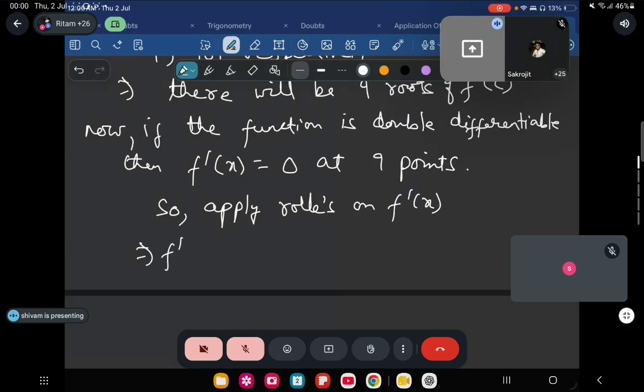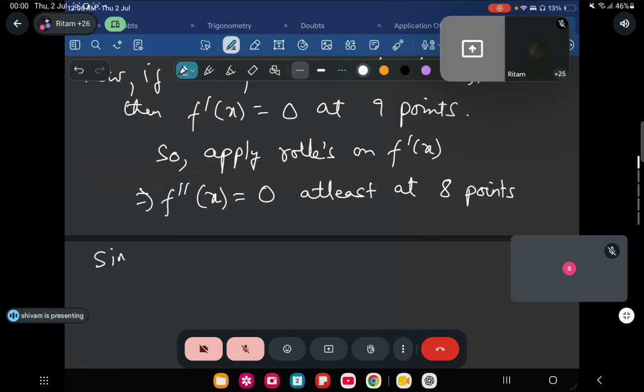This implies f double dash x will be equal to 0 in at least how many points? Tell me. At least 8 points. Similarly, f triple dash x will be equal to 0 in how many points?